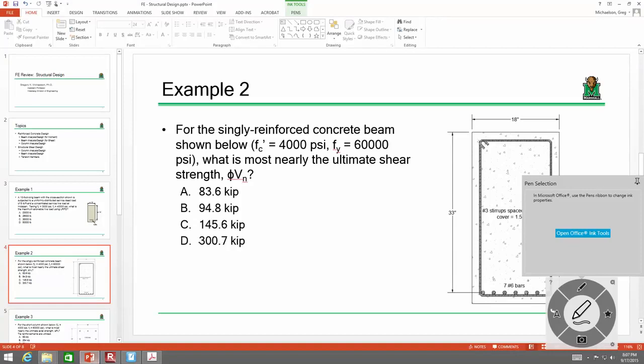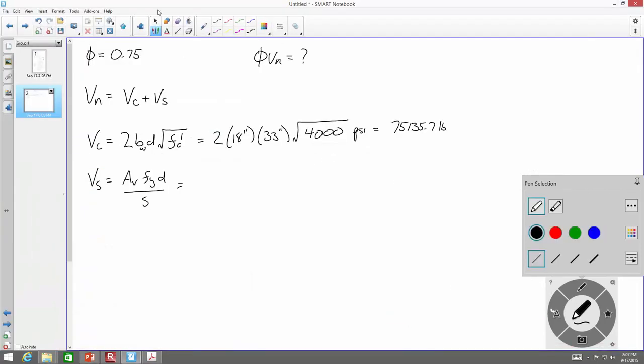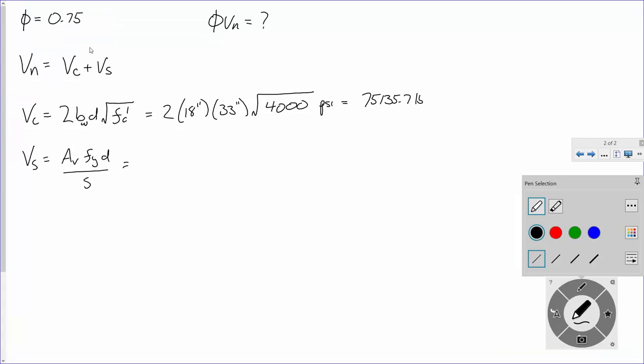Here's our beam. We are assuming that a crack crosses those stirrups. Therefore, we don't cross one number 3, we cross 2. So our area of shear reinforcement is 2 times 0.11 inches squared times 60,000 psi.